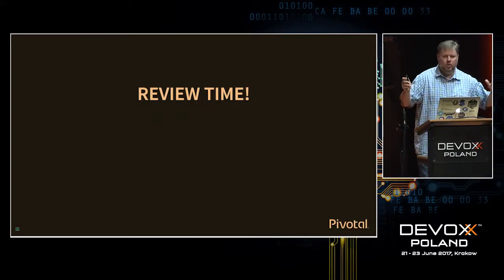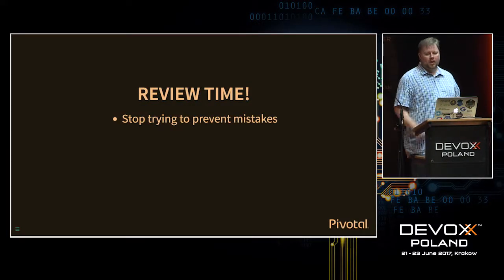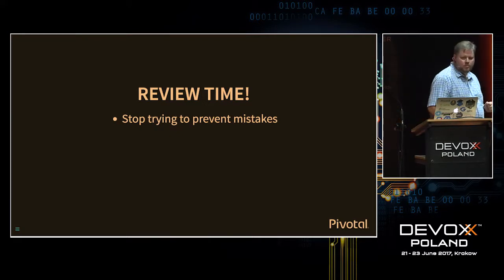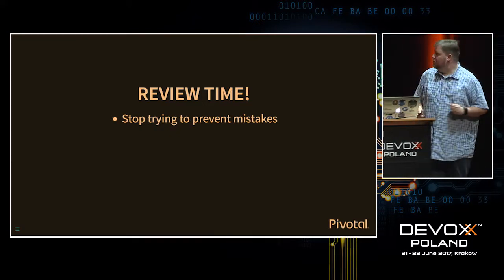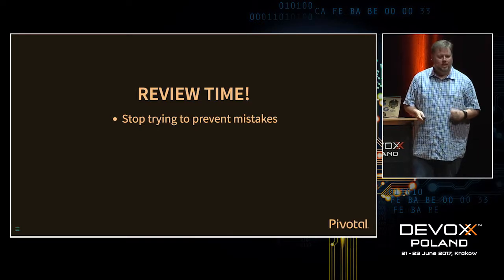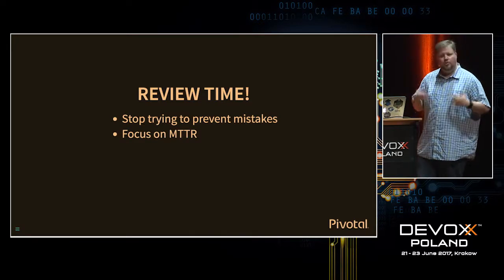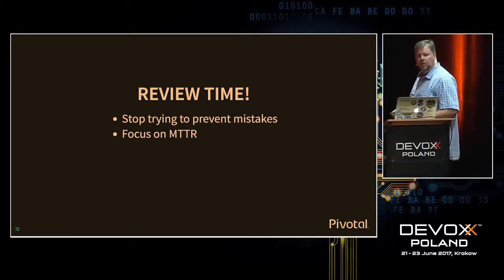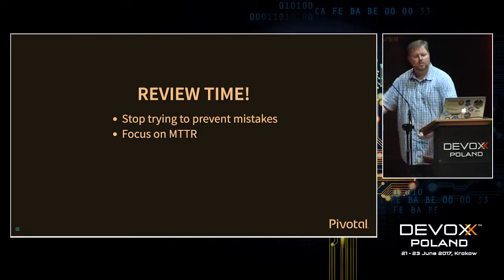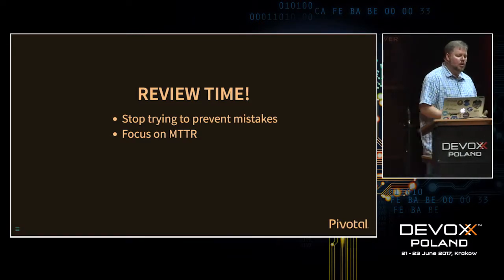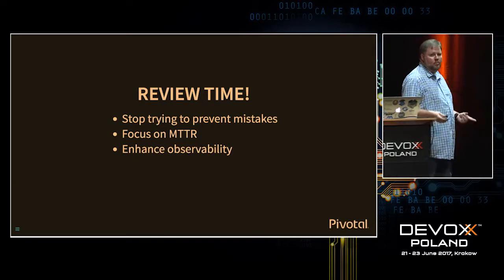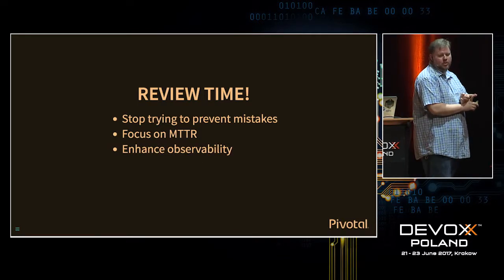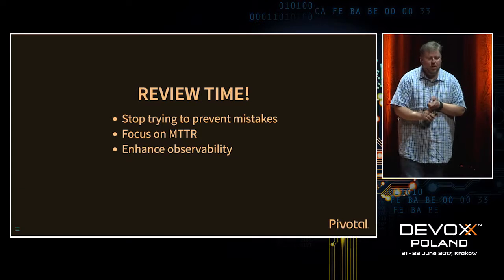Okay, so let's make sure we understand where we've been. Stop trying to prevent mistakes. Embrace failure. Focus on mean time to recovery. Make failure cheap. Make recovery fast. Make sure you know what you need to measure to understand that your system's healthy, and measure those things.